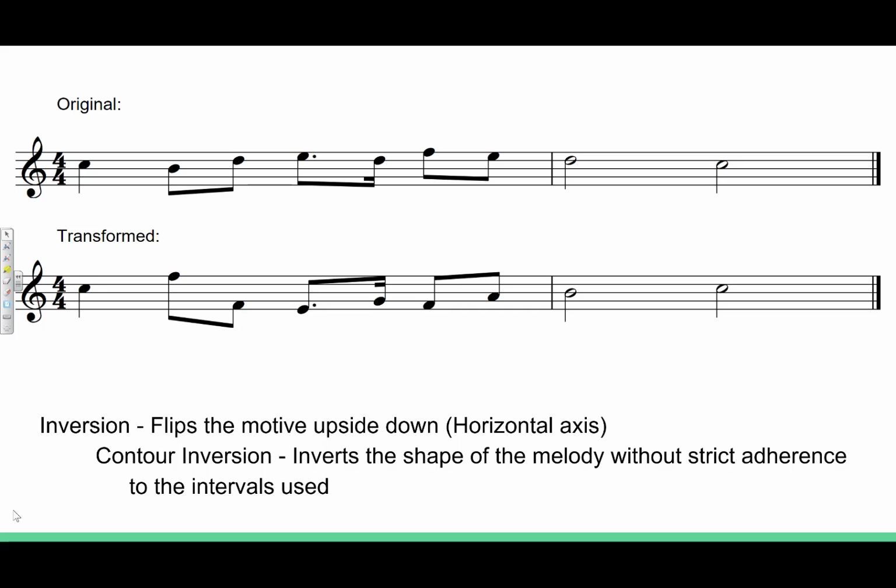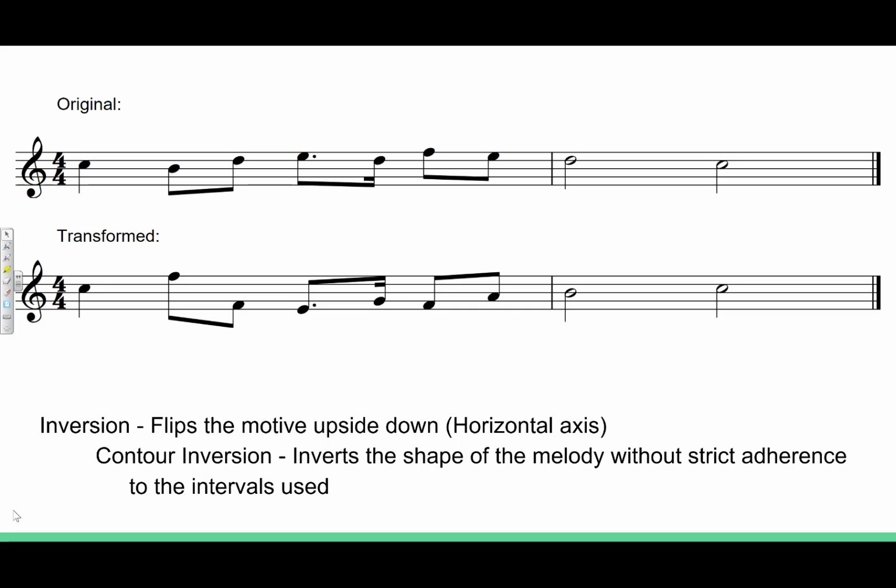We already know that inversion means to flip the motive upside down, but when you see a contour inversion, that's going to invert the shape of the melody. Think contour meaning shape. It inverts the shape of the melody without strict adherence to the intervals used.